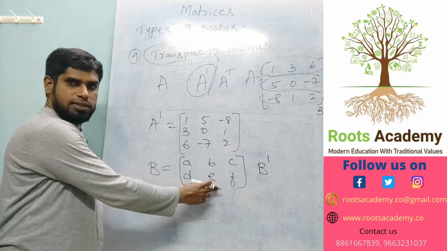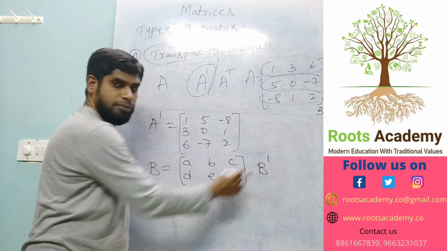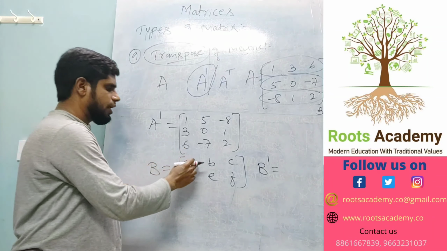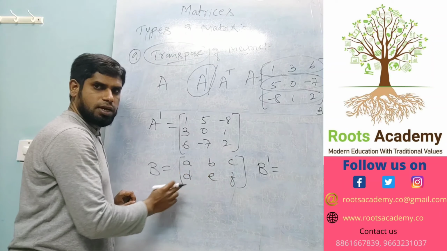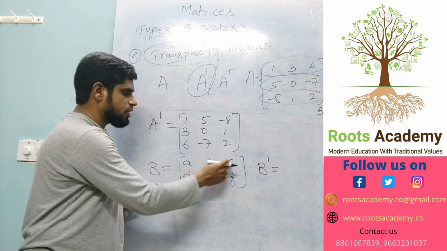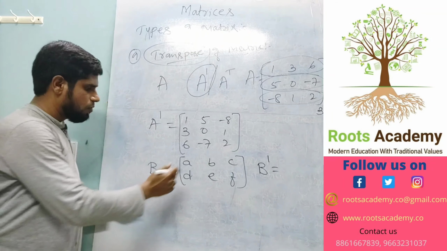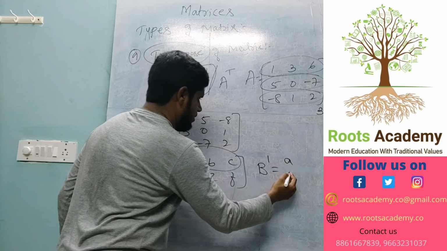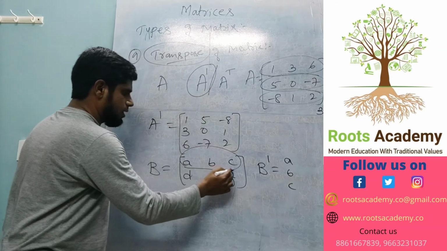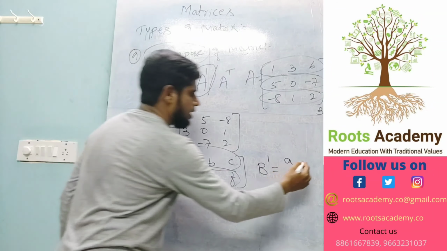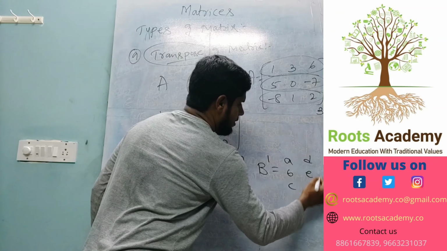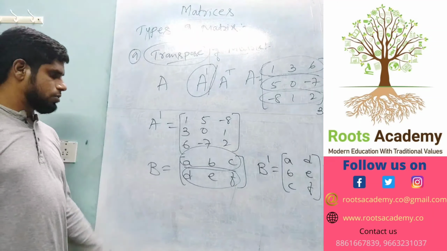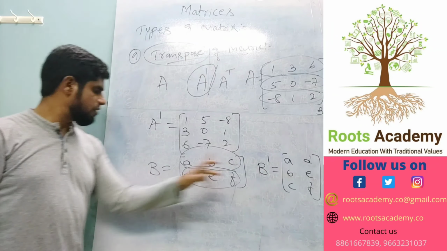As I said, transpose means interchanging the rows and columns, changing the rows to columns. I have the first row here, this will become column A, B, C. Then the second row becomes the second column D, E, F. So this is the transpose of this matrix.